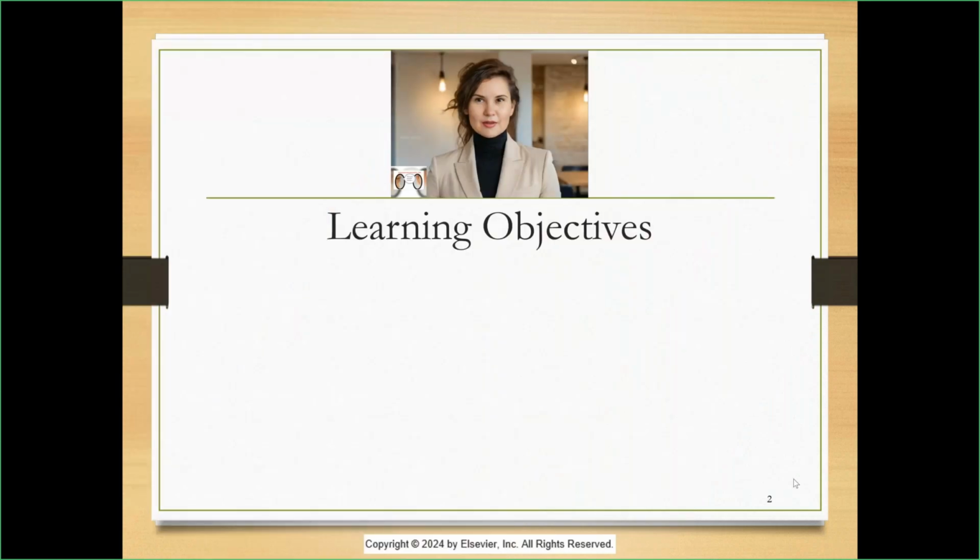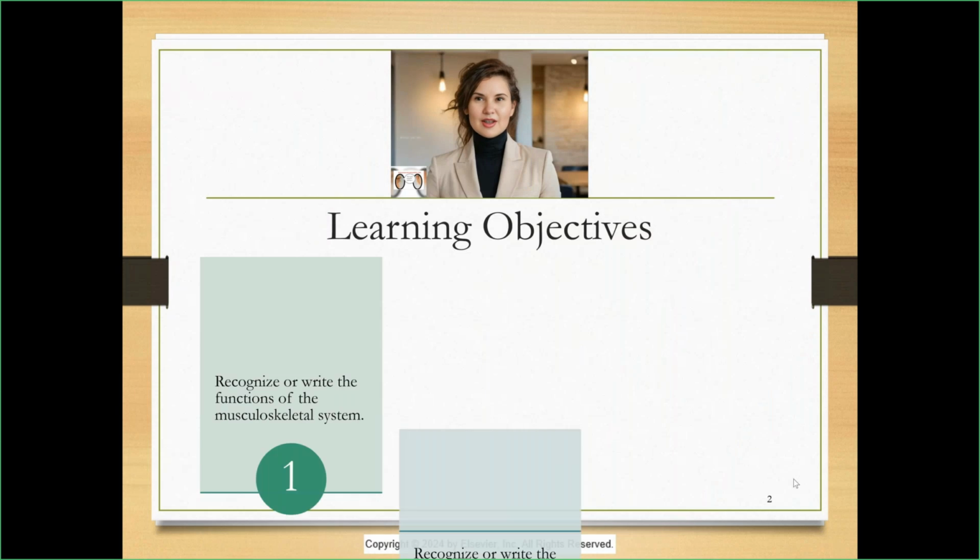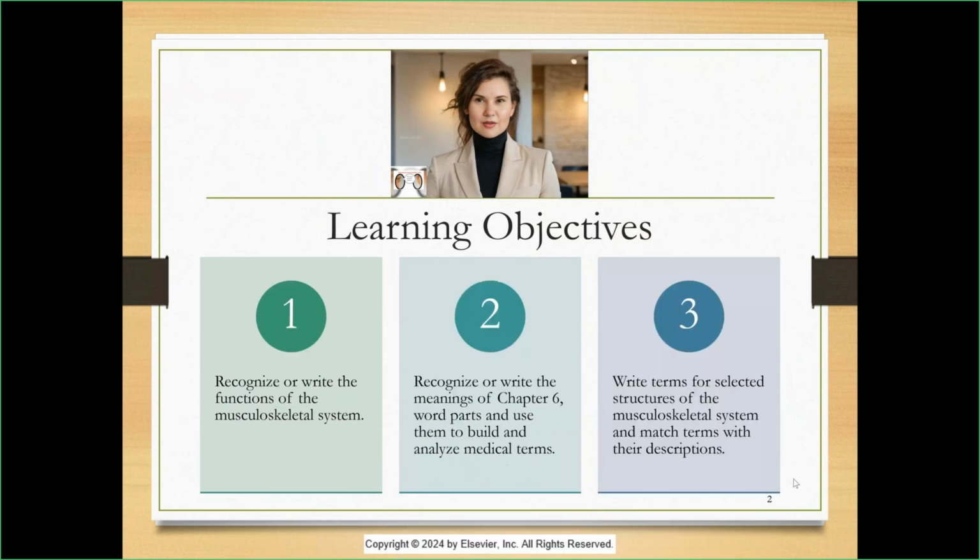Learning objectives. At the end of this lesson, we will be able to recognize or write the functions of the musculoskeletal system. Recognize or write the meanings of Chapter 6 word parts, and use them to build and analyze medical terms. Write terms for selected structures of the musculoskeletal system and match terms with their descriptions.